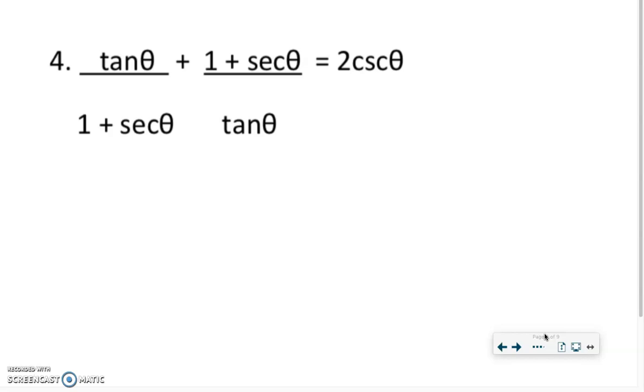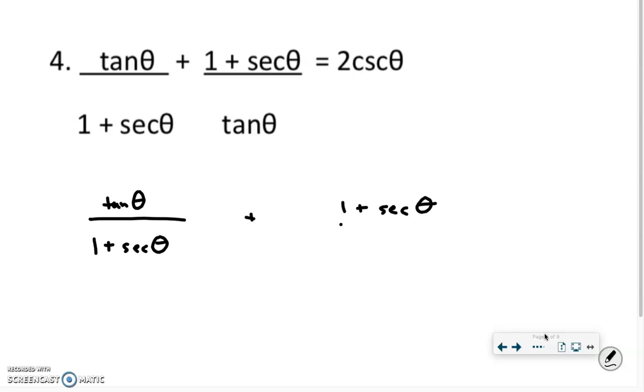So again, all indications would point to the fact that we're going to not just want, but need to condense this via adding our fractions. So if what I have, again, just copying what we have, is tangent theta over 1 plus secant theta plus 1 plus secant theta over tangent theta.